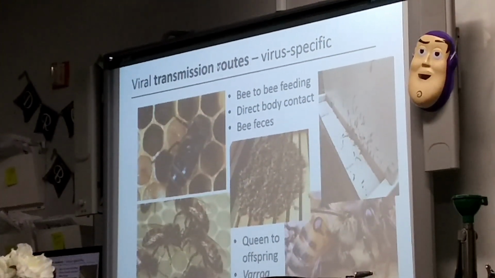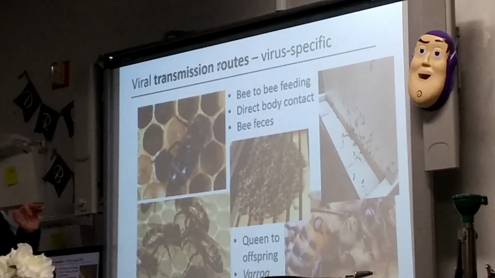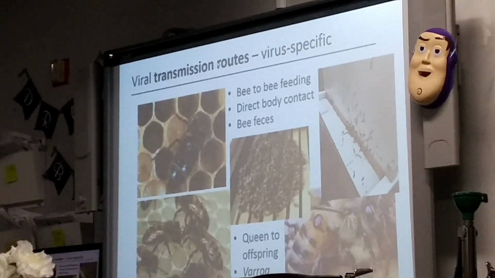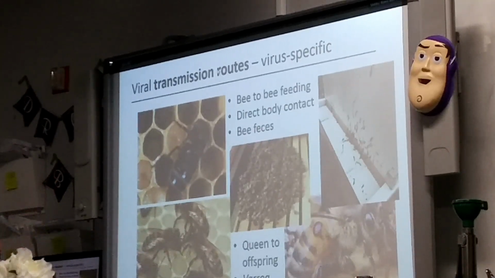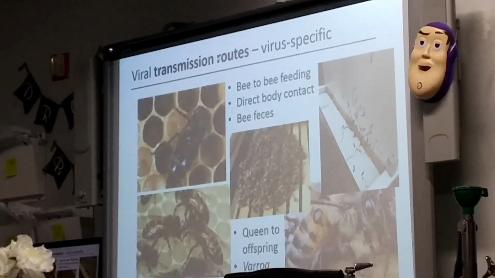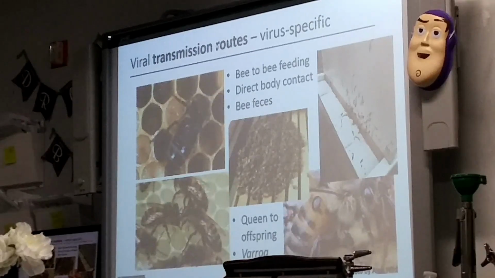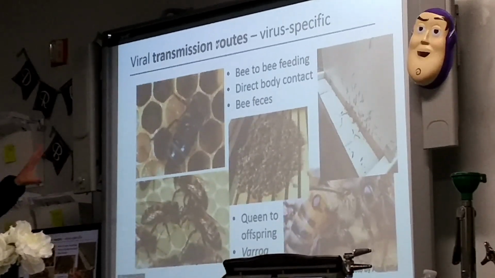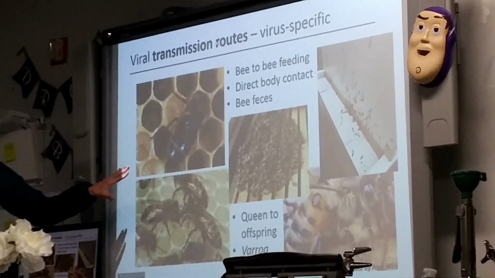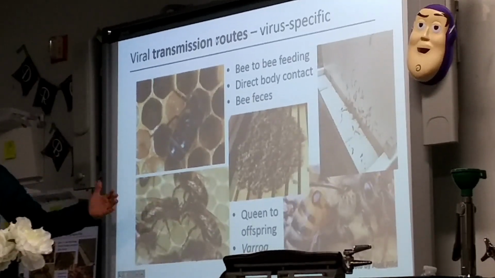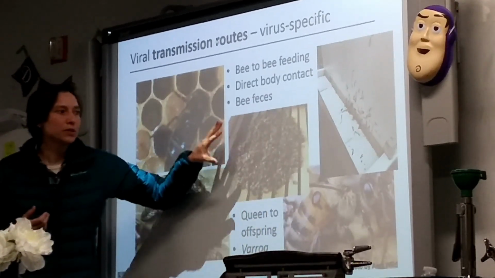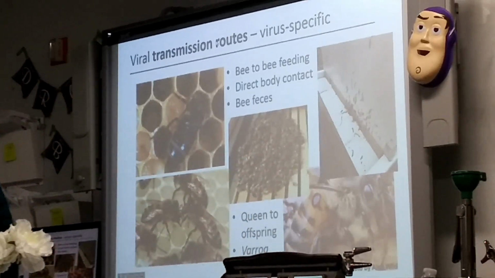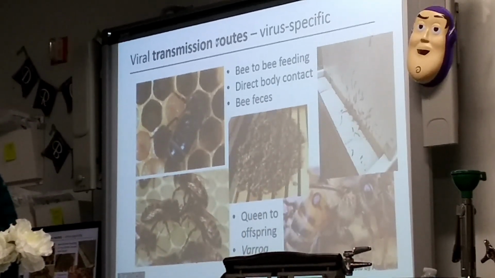Okay, so this slide is showing you the variety of ways that bees can actually acquire viruses. This is not necessarily virus specific, although there are some details there, but I'm not going to go into those. So these are the general transmission routes. B2B feeding, that might be intuitive. Direct body contact: bees are very much in physical contact with one another all the time, and that can actually lead to viral transmission.